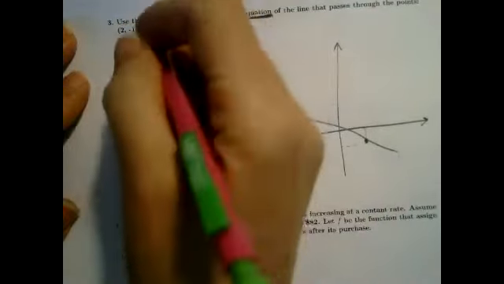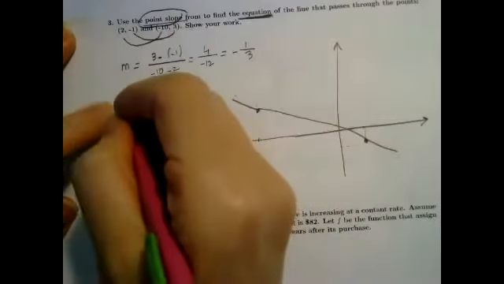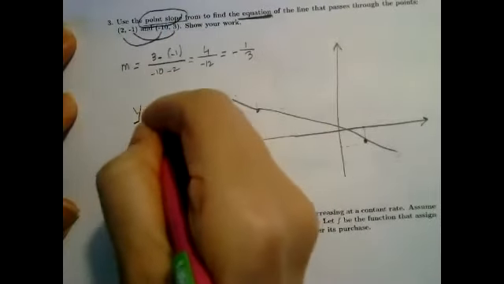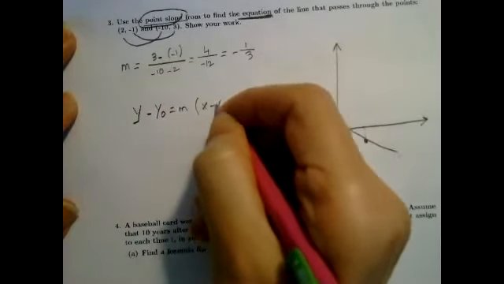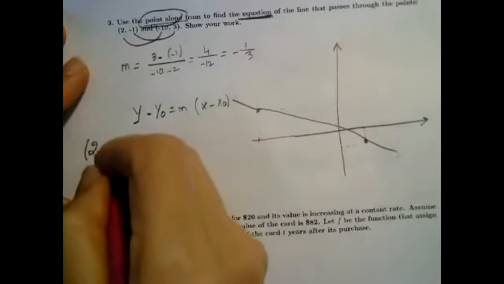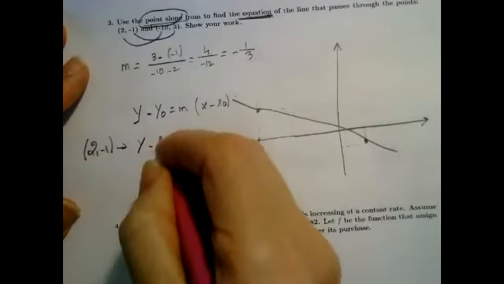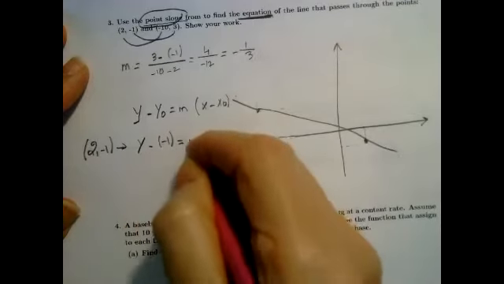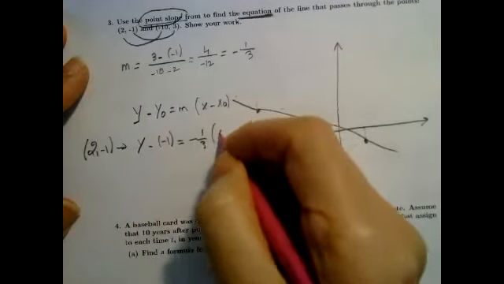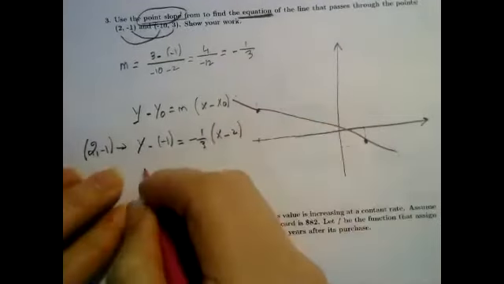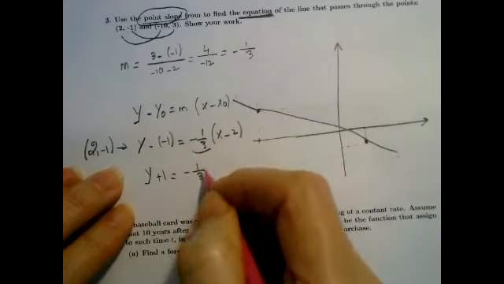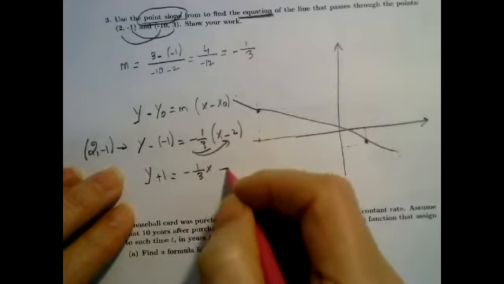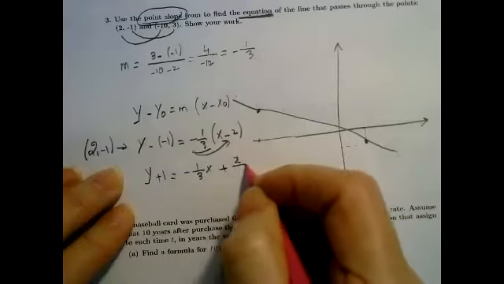And now the equation. Since I asked for the point-slope form, the equation would be y minus y0 equals m times x minus x0. You can use, let me use the point (2, -1). It's going to give me y minus -1 equals the slope times x minus 2. It means y plus 1 equals, I distribute, minus minus, which is plus 2/3.